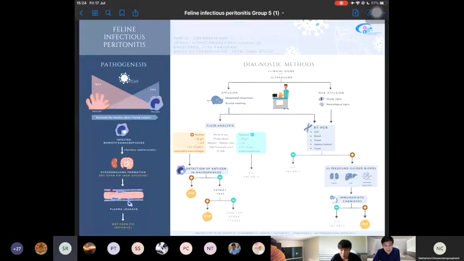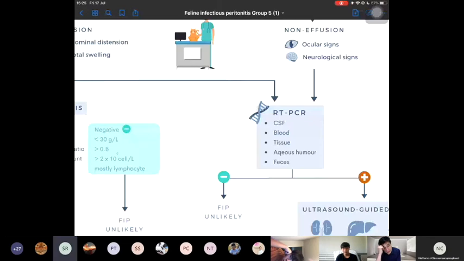For RT-PCR, CSF and aqueous humor are associated with ocular signs and neurological signs when they have feline coronavirus antigen. But fecal or blood samples are less accurate than the two above. Do you think that answers Ajahn Boy's question?